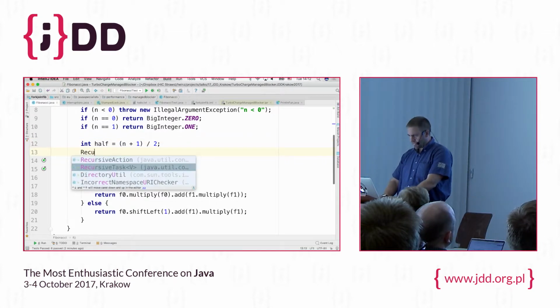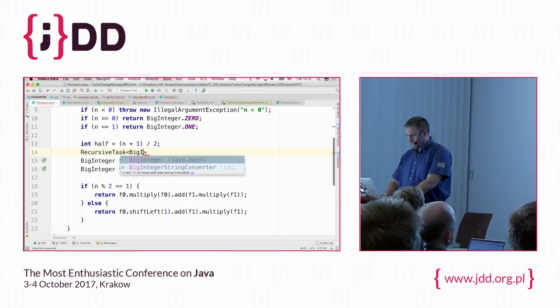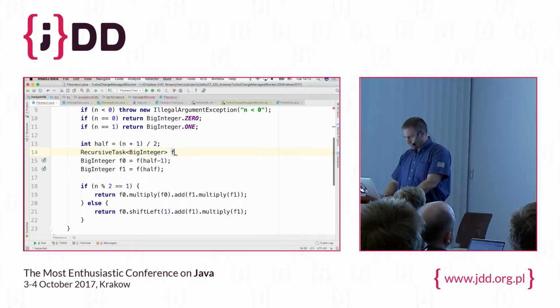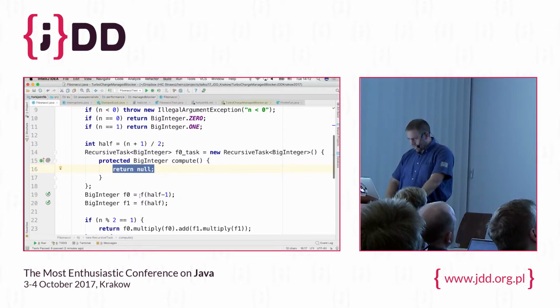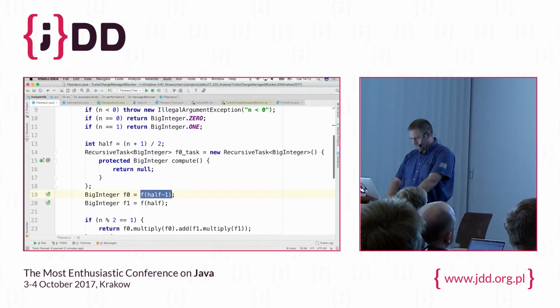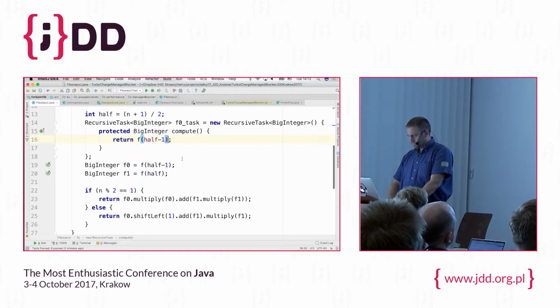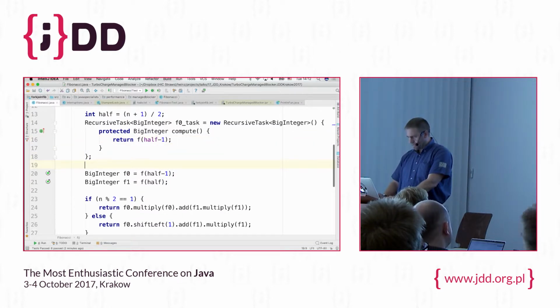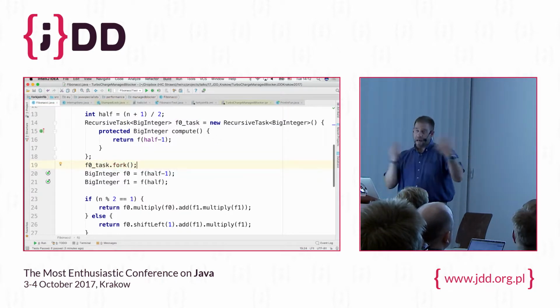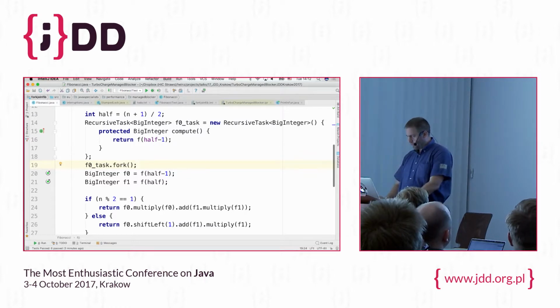So we're going to say recursive task over here of BigInteger, if not task equals new recursive task, and I'm simply going to take this code over here and move it in there, like so. Okay, and then I'm going to say down here, instead of saying BigInteger f naught, I'm going to say f naught underscore task dot fork, which will allow it to be executed inside the fork join pool.